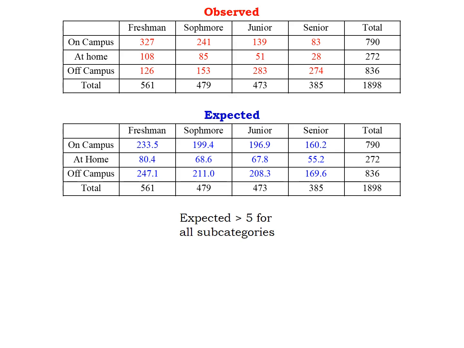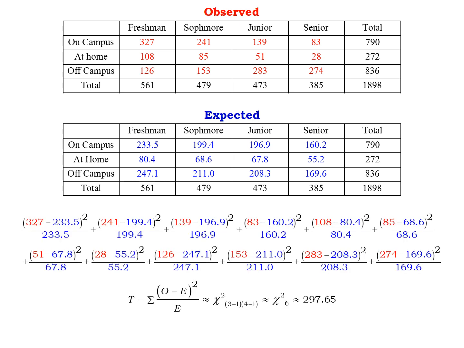So given that, we definitely have more than 5 in each of the 12 subcategories. For our test statistic, for each combination, we're going to compare what we observed to what we expected, and here's what we get. It simplifies down to a grand total of 297.65 for our test statistic.